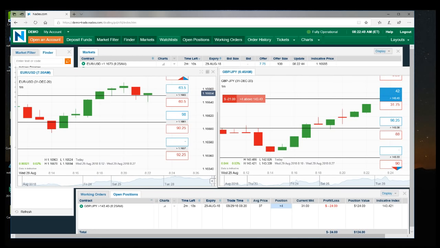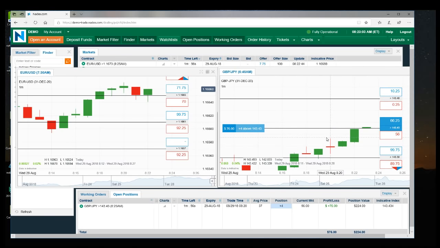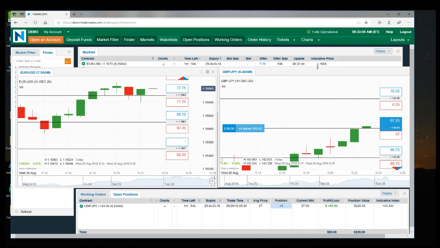You're testing that resistance area over on the euro dollar. It hasn't yet decided what it's going to do. I'd like to see this take out the 48 area. We'll have to wait and see.